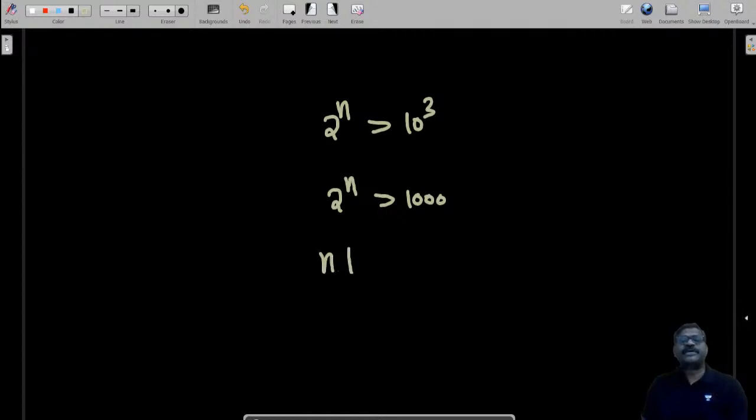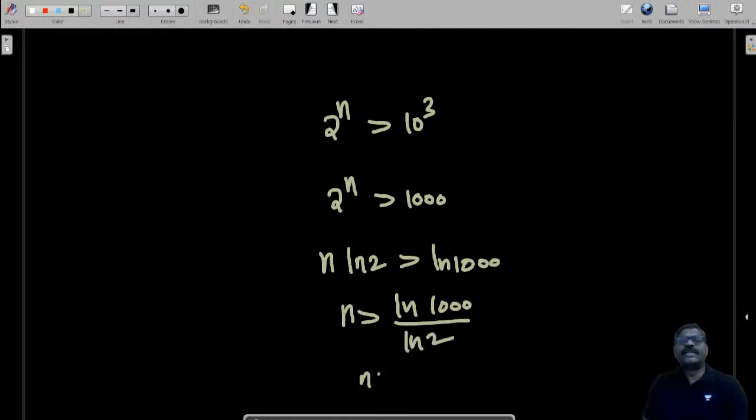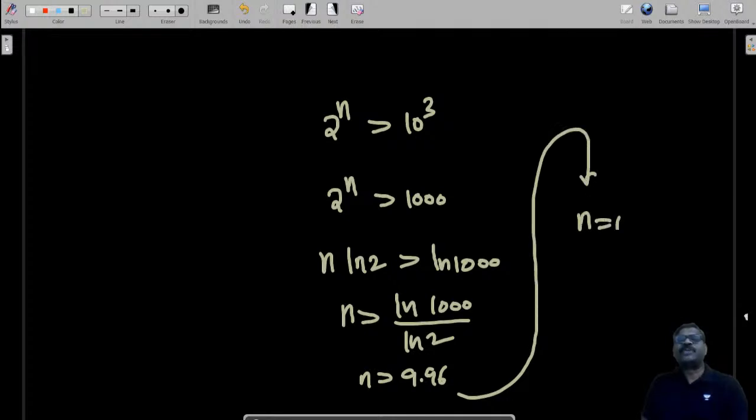Take log on both sides: n log 2 greater than log 1000, so n greater than log 1000 by log 2. n greater than 9.96. Therefore, the value of n is 10. Understood?